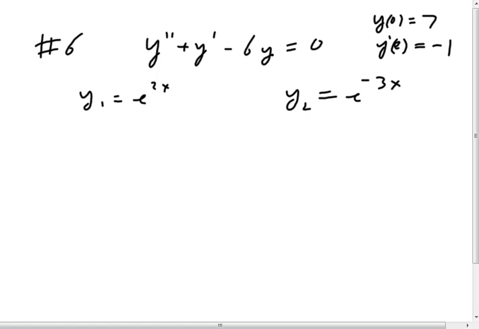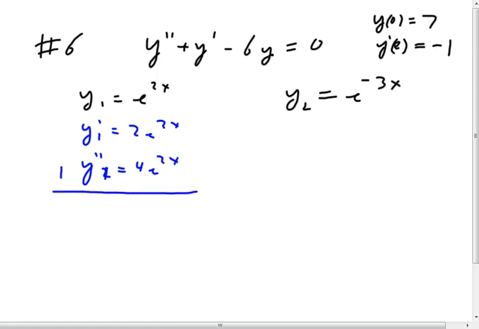Okay, so now we're going to check to see that this is a solution. y1 prime is 2 e to the 2x, y1 double prime is 4 e to the 2x. I got one of them, I have minus 6 of them. I'm supposed to have 0. Minus 6, minus 4 plus... 0. Check. So that guy checks.